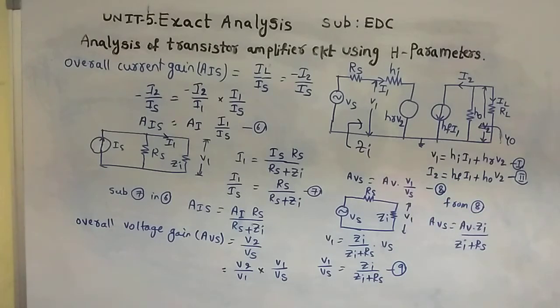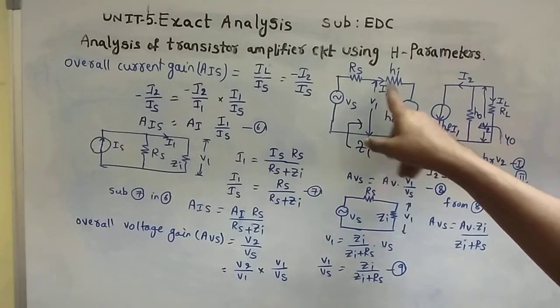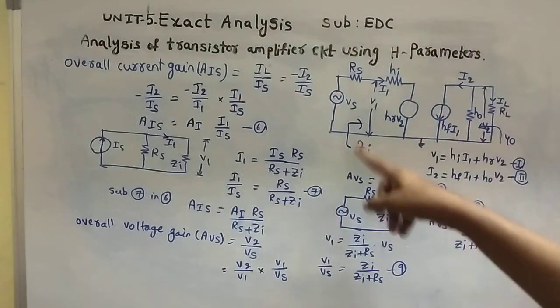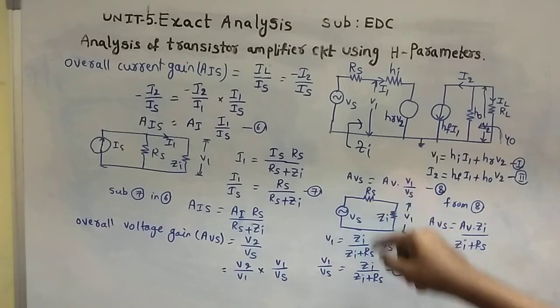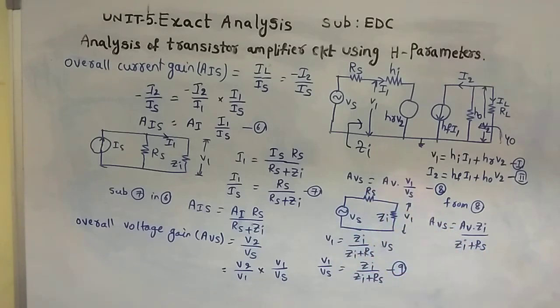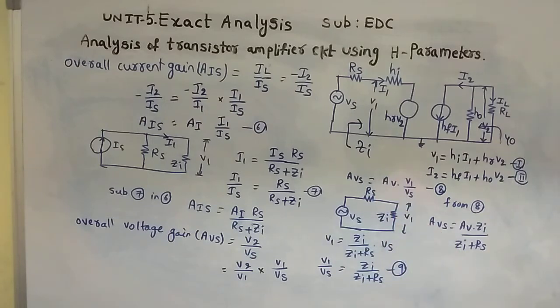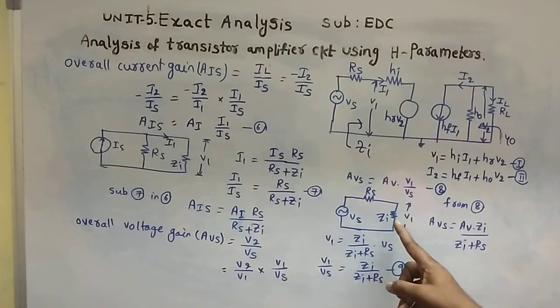For this purpose I am going to use the voltage source circuit. This is a voltage source with Rs and Zi. Here we have input resistance Zi and the voltage across Zi is V1. Similarly you can find V1 is equal to opposite resistance by total resistance, Zi by (Zi plus Rs) into applied voltage Vs, voltage division rule.